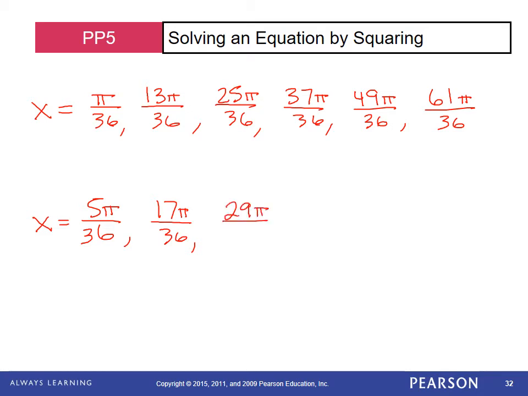I think 41 pi over 36. Yeah. Cool. And how about a 53 pi over 36? And then how about a 65 pi over 36? Oof, got it.